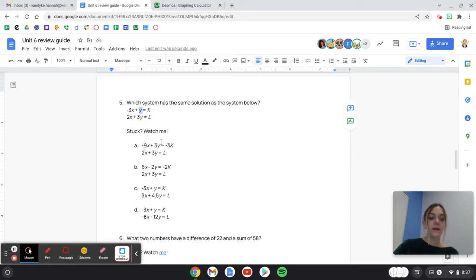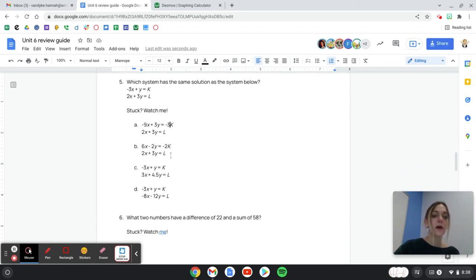I have y, and I have a 3y. That means I'm multiplying by 3. Now I have k, and what I would expect if I'm multiplying by 3 is 3k. But I come down here and I see that it's negative 3k. So this means A is automatically not an option because this should be 3k if I'm multiplying by the same number, not negative 3k.